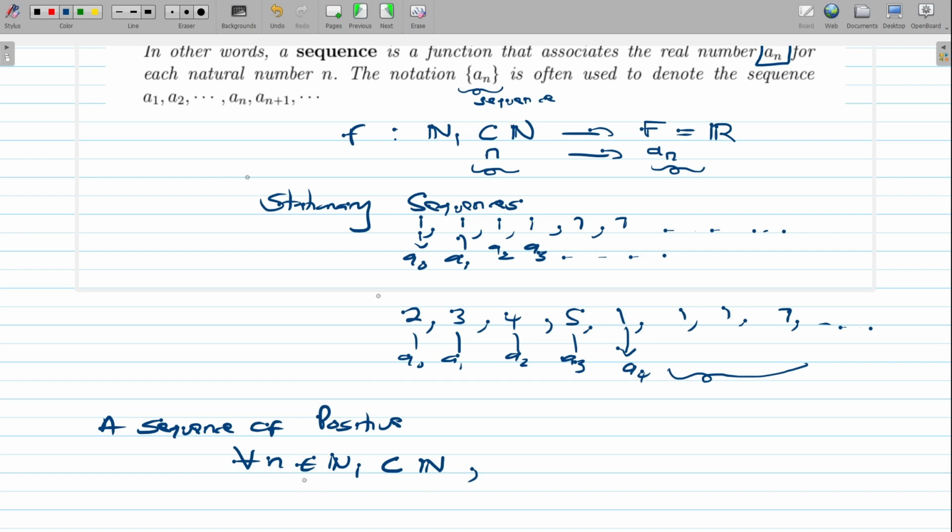If for all values n in the set n1, which is a subset of the set of natural numbers, every real number s sub n that is mapped to this n is greater than or equal to 0, then this is going to be a sequence of positive numbers.